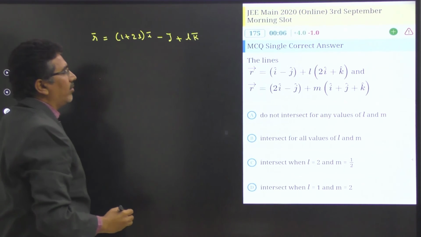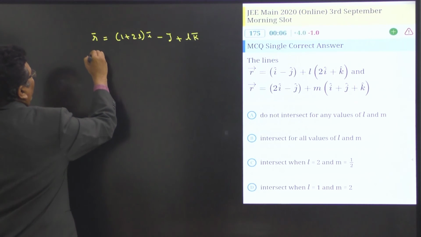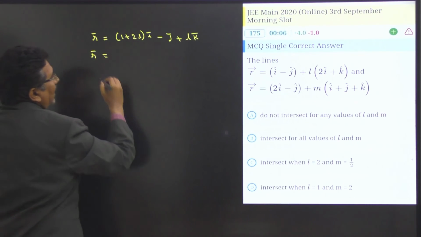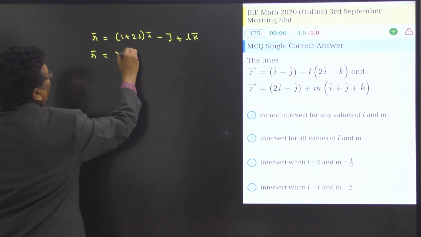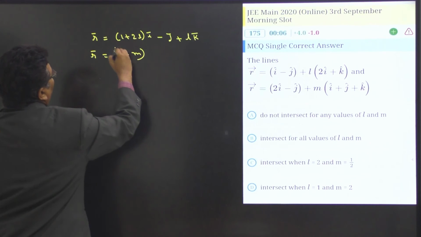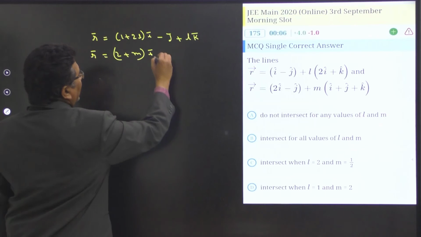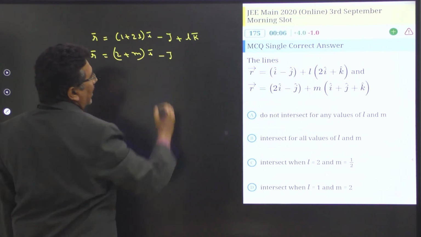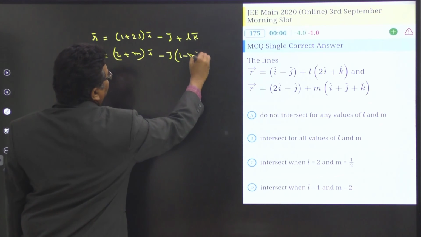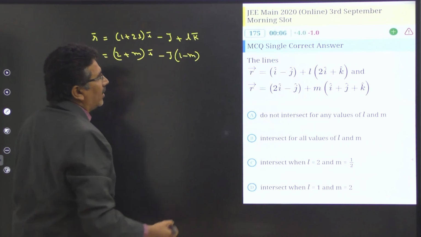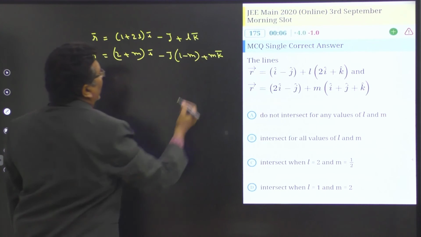Now, in the other line also, R bar is equal to, take I bar as common, 2 plus M into I bar. Now, take J bar as common, 1 minus M. Right, now M into K bar.